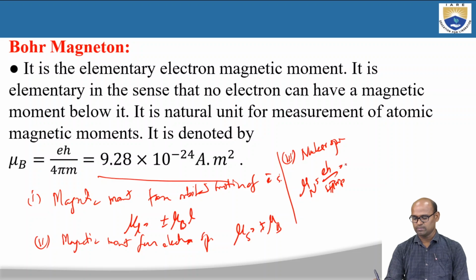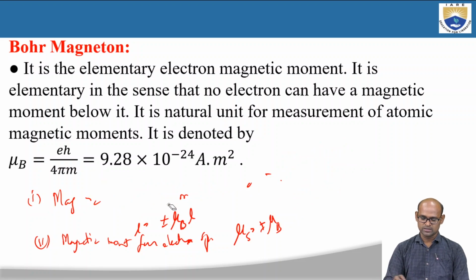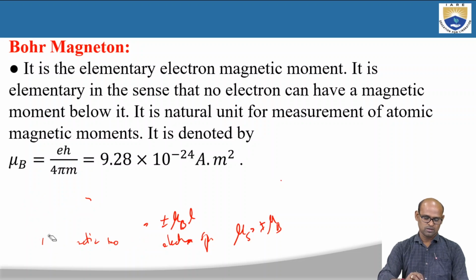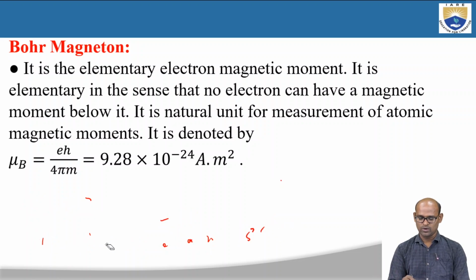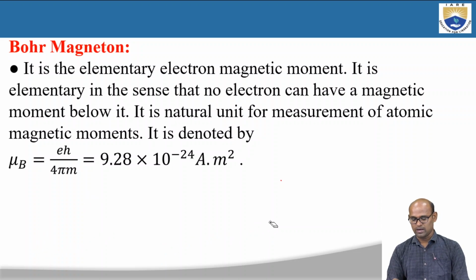So that is the nuclear magneton. This is how the Bohr magneton is related to the magnetic moment of the electron and nucleus. The orbital motion of the electron and the spin of the electron both give rise to the magnetic moment.